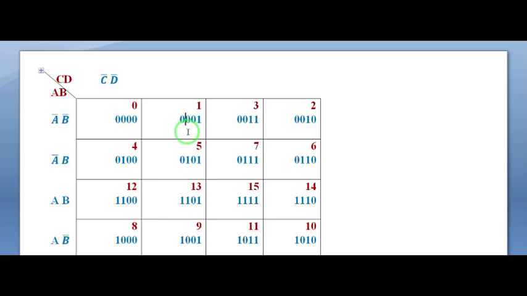Similarly, go for the second column. In the second column, the remaining 2 bits you can see are 0 1, 0 1, 0 1. That means all the cells of column number 2 are going to have 0 1 as common.